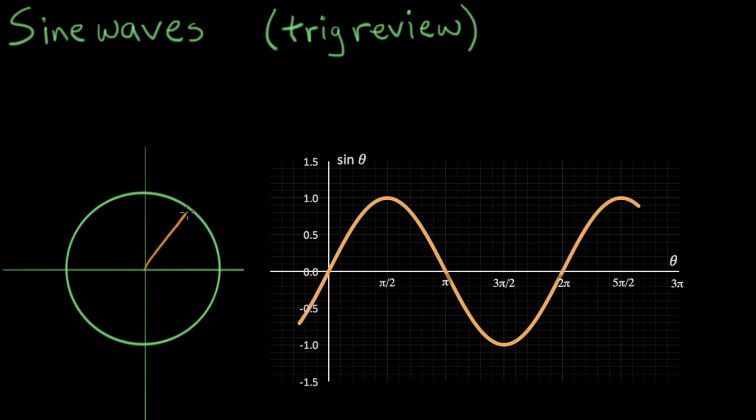So if we draw a line on here, let's make this circle a radius 1. So if I draw this line up here and it's on a unit circle, the definition of sine of theta, this will be theta here, is opposite over hypotenuse.